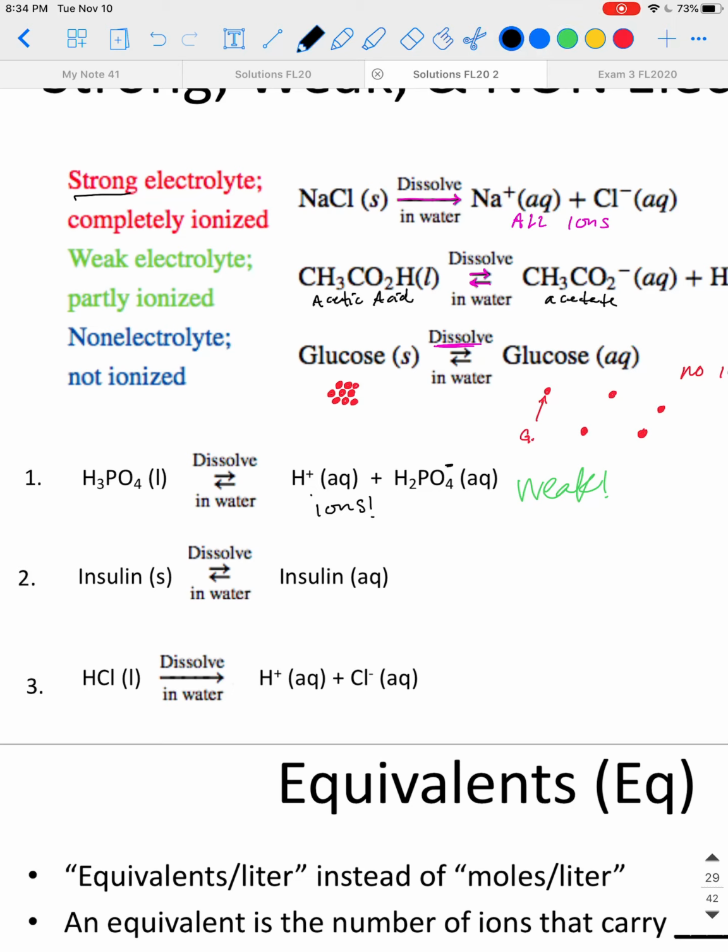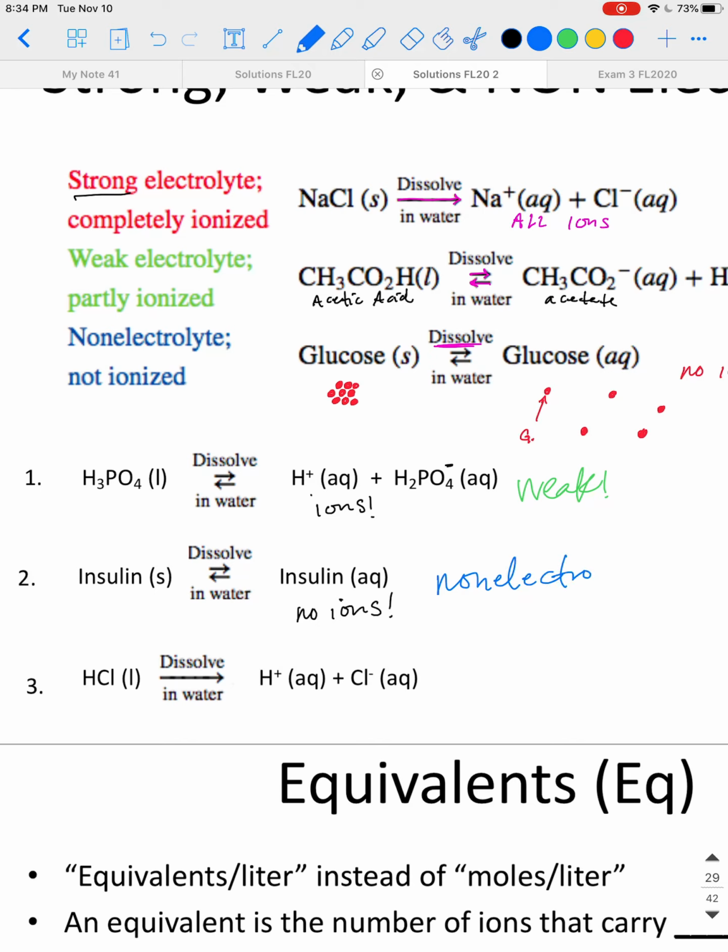What about the next one? Insulin. You have a double arrow, so insulin will dissolve, but on the product side, we have no ions. Okay, insulin is not charged. We have no charge here. If you saw something right here, if there was a plus or a minus, then you would have an ion, but we have no ions.